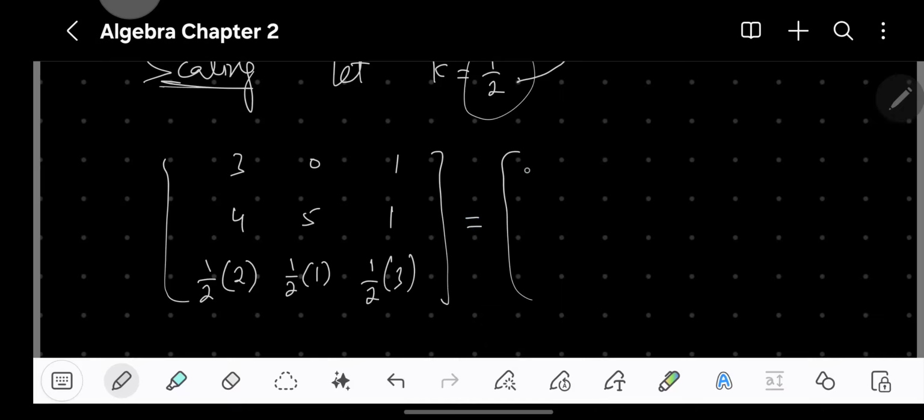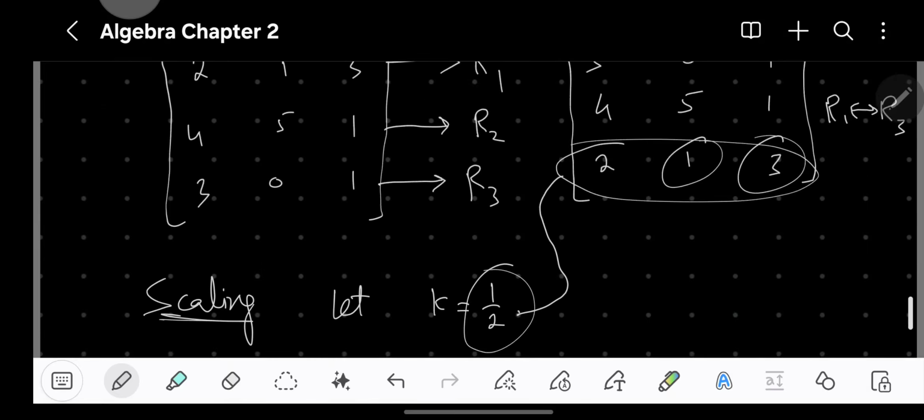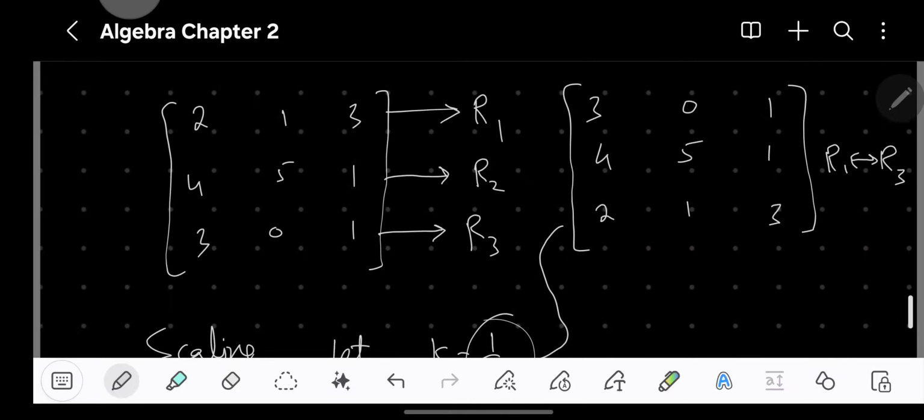This is equal to 3, 0, 1, 4, 5, 1, and 1, 1 by 2, 3 by 2. So this is called scaling. Similarly, you can do any kind of scaling. I have done the scaling with this row, but you could have done it with any row and any non-zero scalar k.